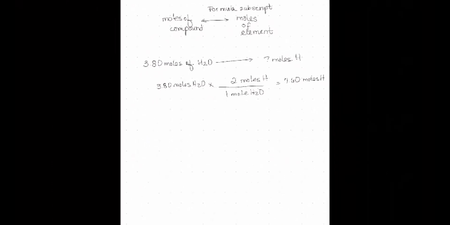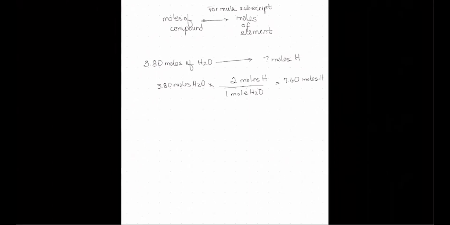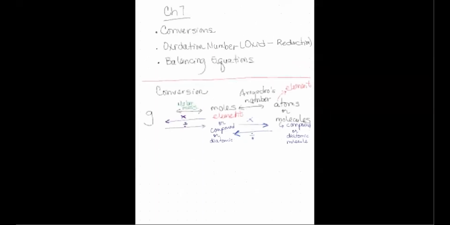So make sure that when you read the question, it makes sense what the question is asking of you. Let me go back to what else is in the chapter. Oxidation reduction and balancing equations.